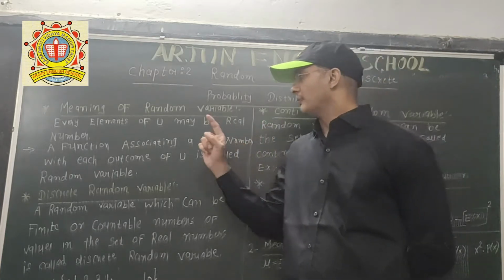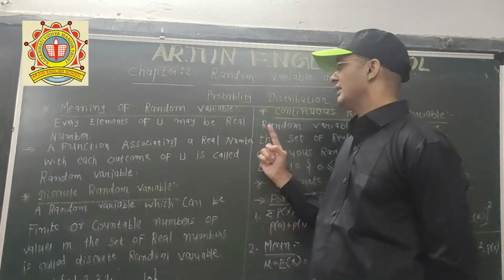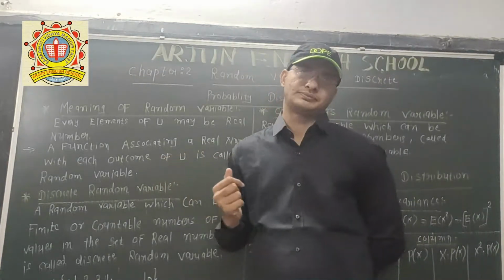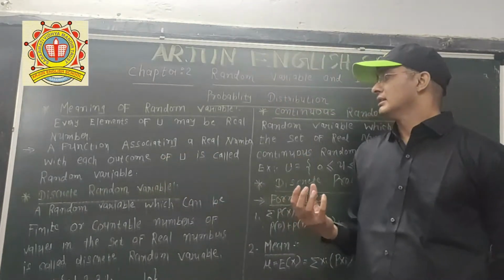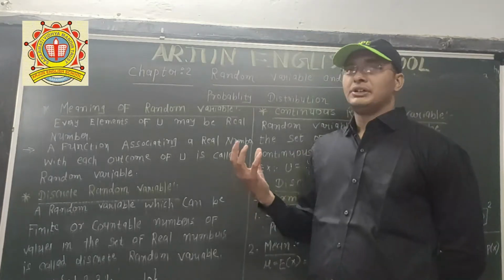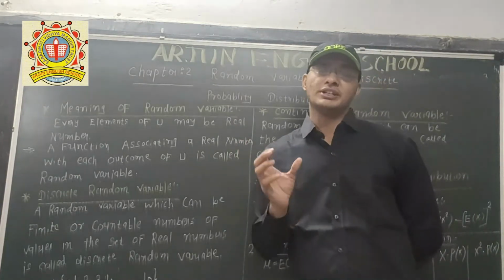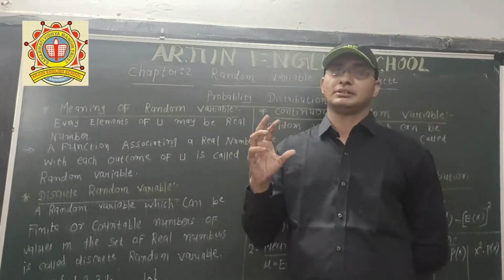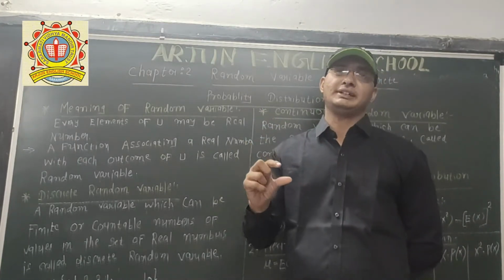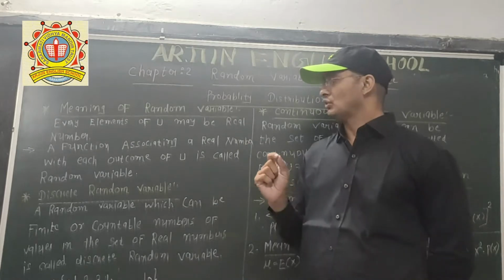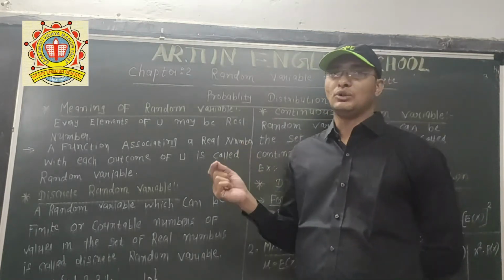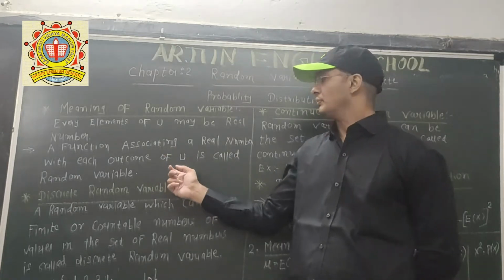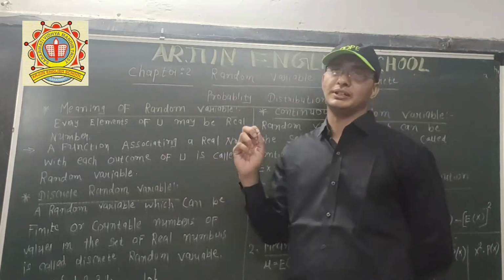Okay, so a function of associating a real number with each outcome of U. It means the real numbers we have to arrange in a function. Function means we present it in a bracket. So it is called a function, and it denotes the values and its outcomes of U. So it is called a random variable.